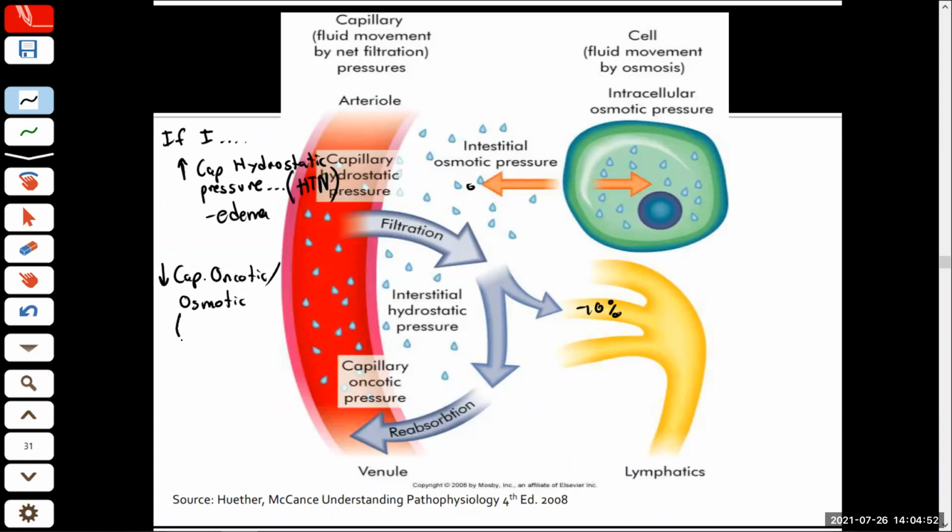Here, I would have a liver dysfunction. So whether that be liver cirrhosis, maybe I'm drinking too much, maybe hepatitis, whatever. Let's go with liver cirrhosis. If I have liver cirrhosis, this is decreasing, right? What was our original capillary hydrostatic pressure?